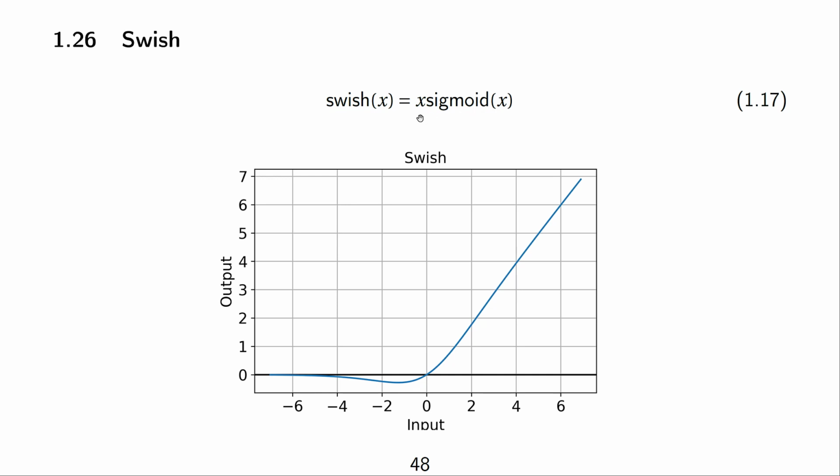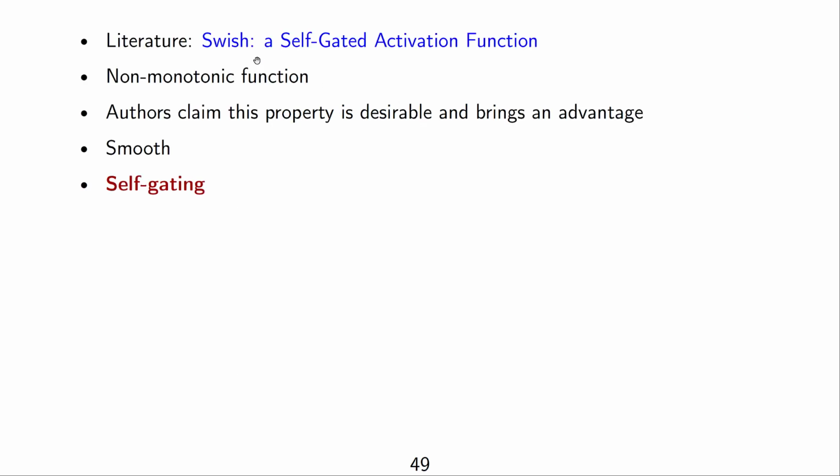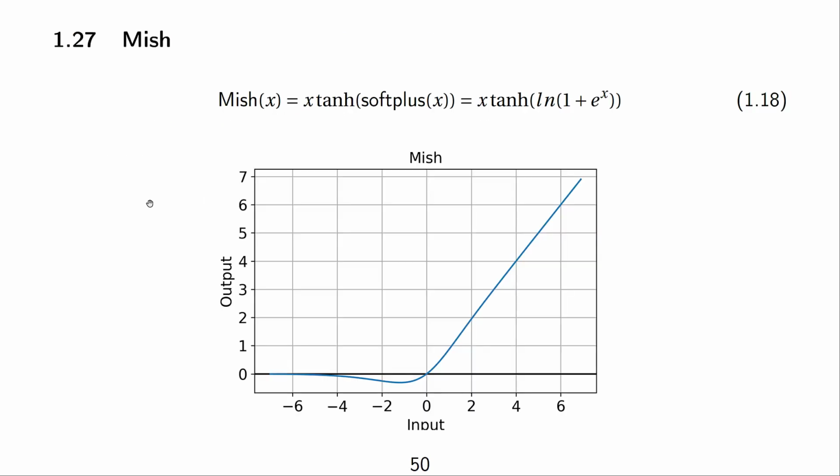What you see here is a similar construction, and this is what the authors call self-gating. There's a paper called Swish, a self-gated activation function, and here also the idea is that it's a non-monotonic function, which is surprising, and the authors claim that this property is desirable and brings some advantage. And they promote this idea of self-gating.